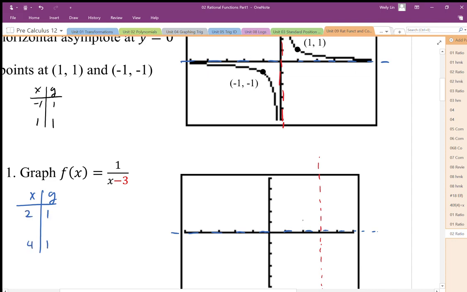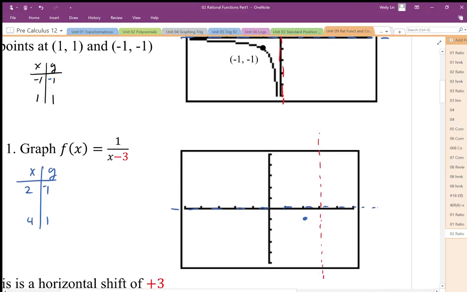Sorry, that's going to be negative 1. So 2 over 1 down. That's going to be our reference point. And then we have 4 over 1 up. And then we can see that our center is where we would expect it. It's shifted 3 to the right.